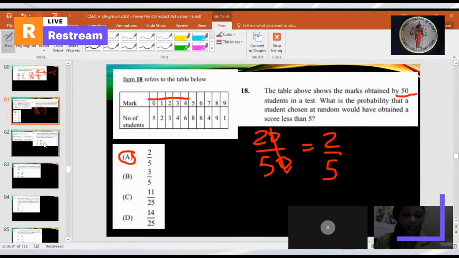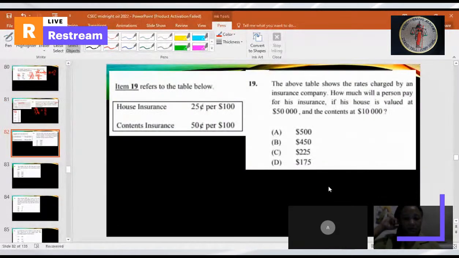All right, number 19. The above table shows the rates charged by an insurance company. How much will a person pay for his insurance if the house is valued at 50,000 and the contents at 10,000?